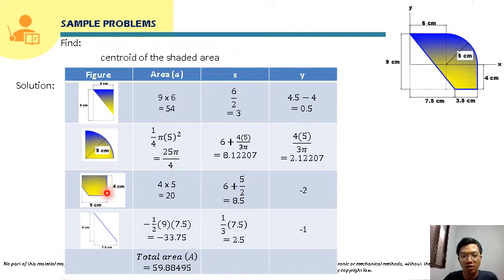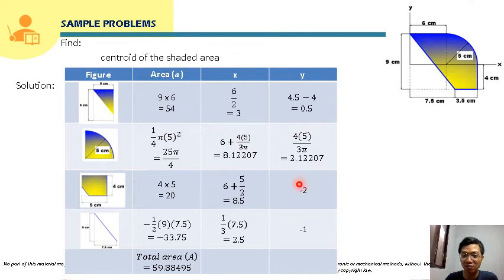Now, for the y-coordinate of the centroid of this rectangle, its centroid again is somewhere here. Its y-coordinate is this distance, which is half of 4, so this is 2. But since this is below the reference point, this will be negative.